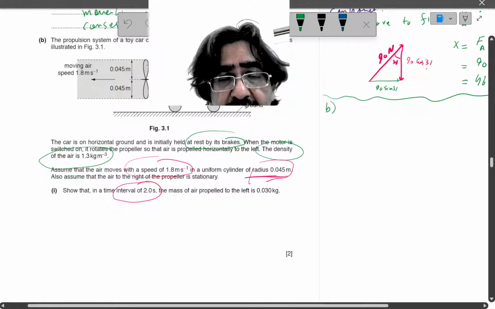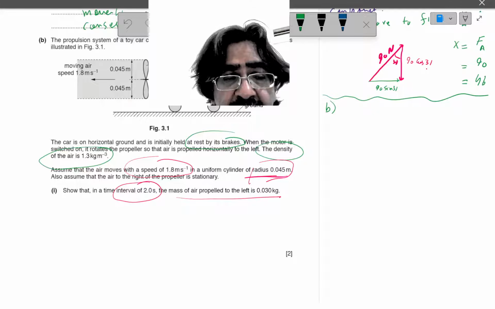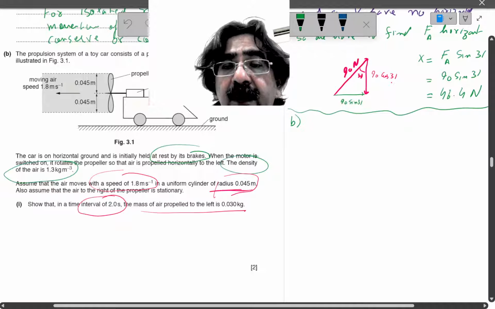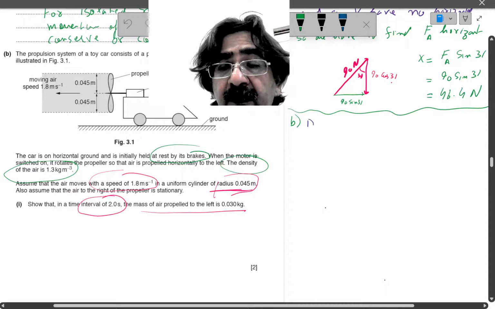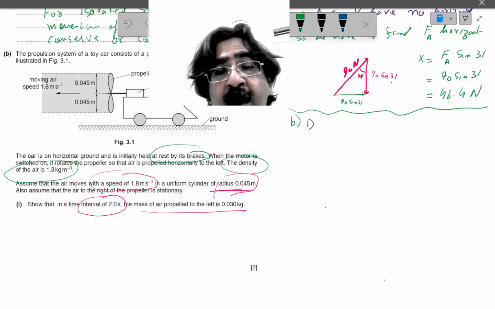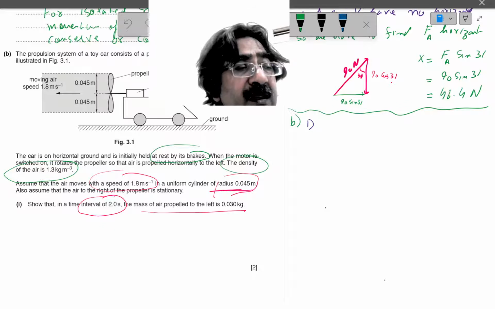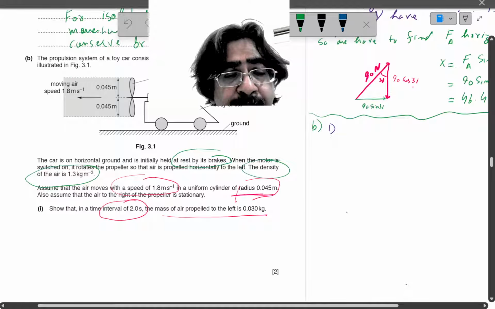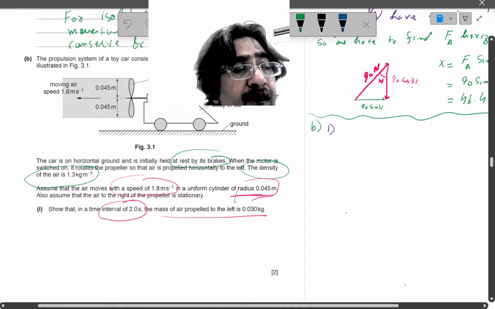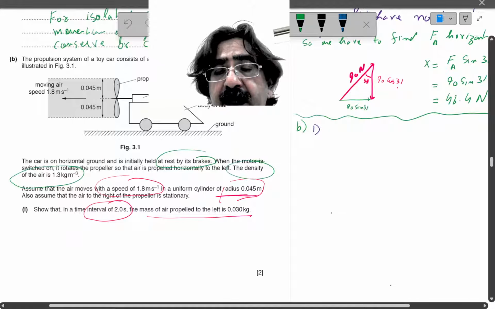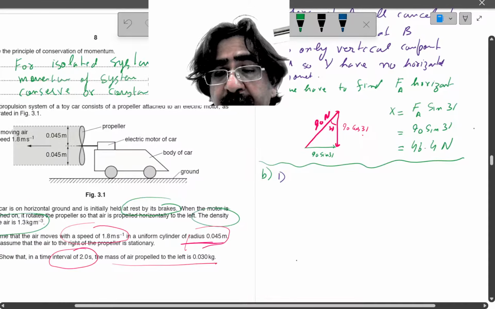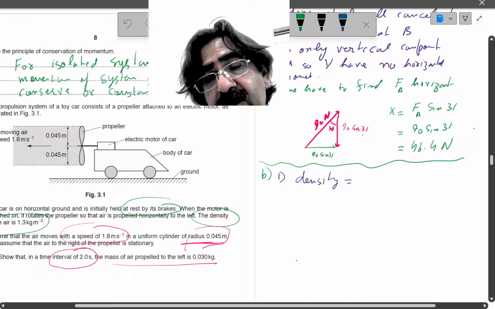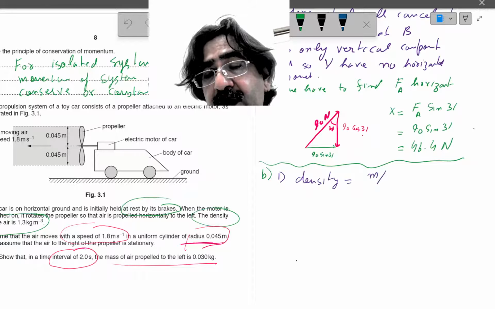The mass of air in part B one. We have to find the mass. As we know, density is equal to mass per unit volume.